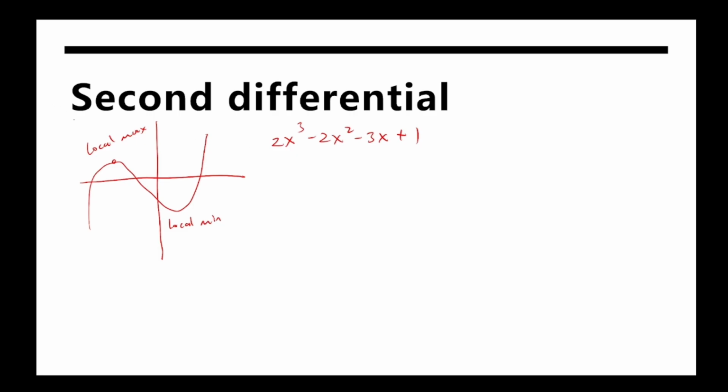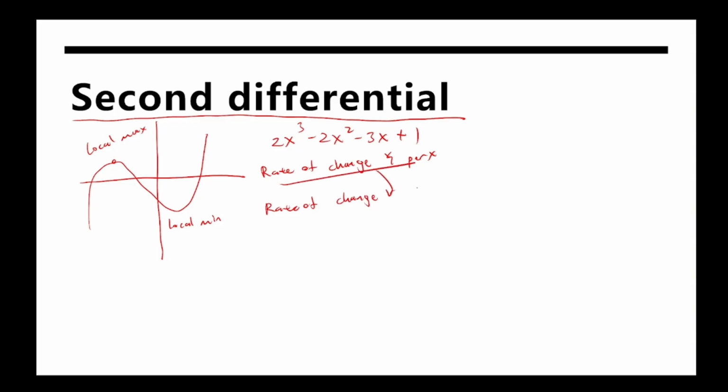How do we do this? We do this by second differential. So we know that differential is rate of change. And the first differential is the rate of change of y per x. Now the second differential is the rate of change of the rate of change of y per x. So the rate of change of the gradient.